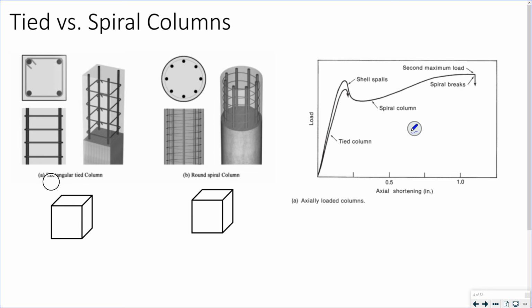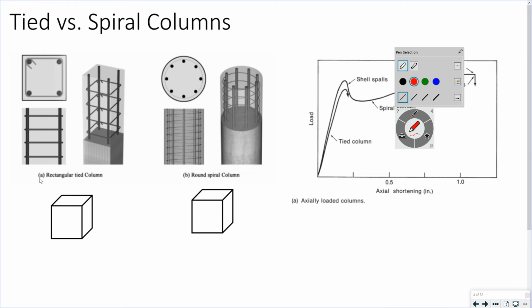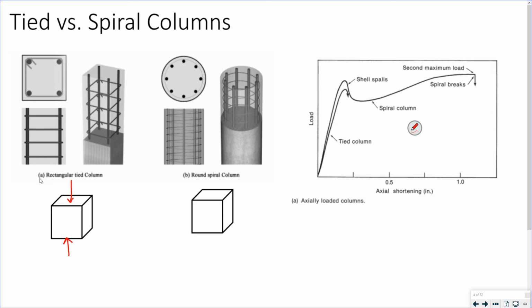If you're looking at the tied column, let's say we apply an axial load. If you apply an axial load, what kind of deformation do you expect? Do you expect maybe a little bit of buckling, or at least, right? It's going to bump out a little bit.